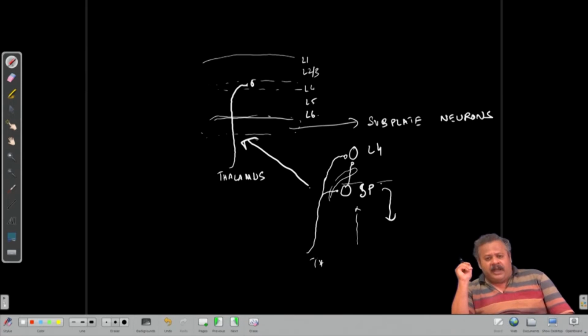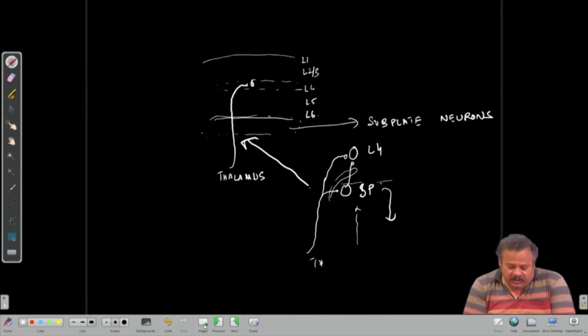That is, manipulations of the environment in which the animal is growing cause profound changes in the circuitry and behavior that last for life, but the same kind of environmental changes after the critical period do not induce such permanent changes. So, it is thought that the subplate neurons can play a role in this kind of critical period plasticity.